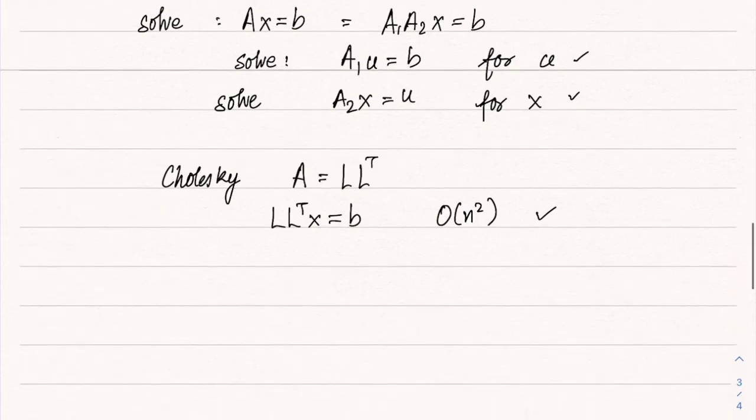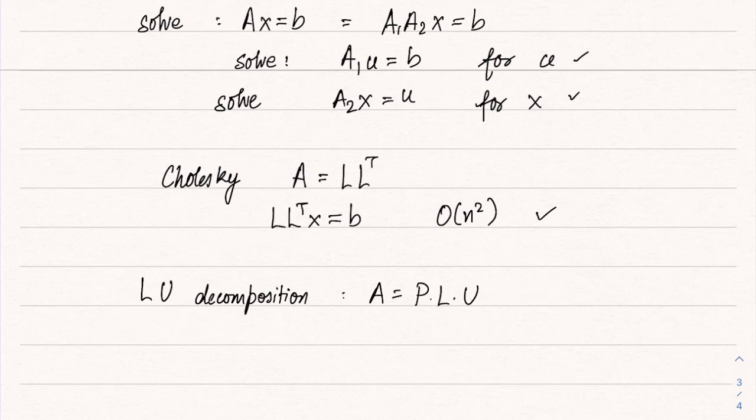Another example of this is LU decomposition. LU decomposition is generally applicable to any matrix, and it is basically PLU, so the factorization is P times L times U. Here P is a permutation matrix, L is lower triangular, and U is upper triangular.